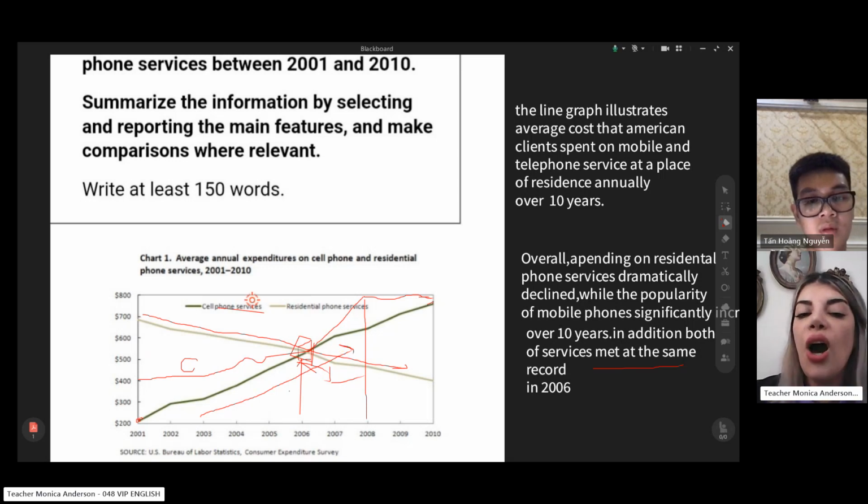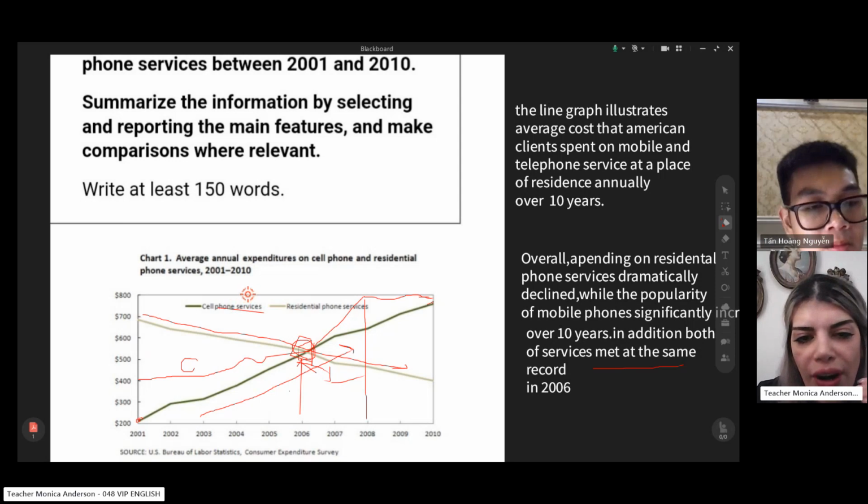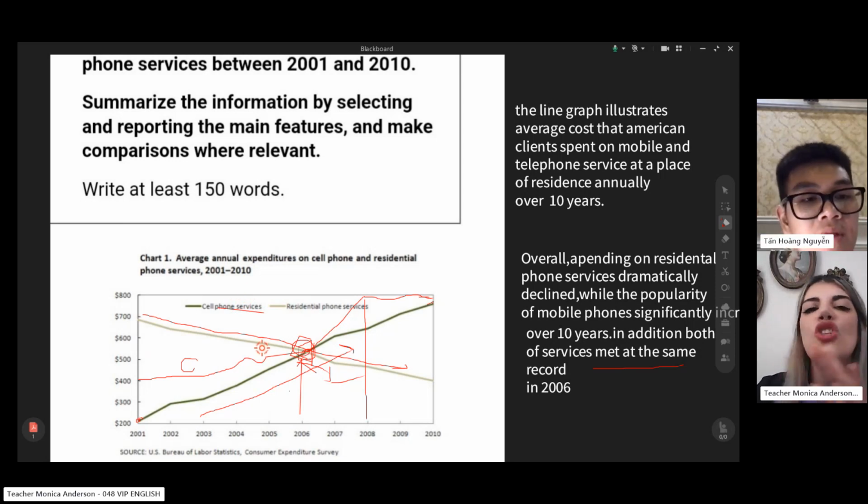Just this. Now, I have an important point here I need to mention. In addition, both of the services met at the same record in 2006. Just this. No details, nothing.